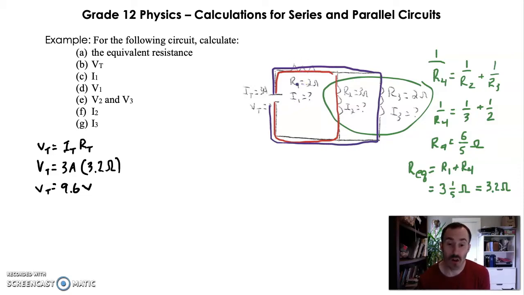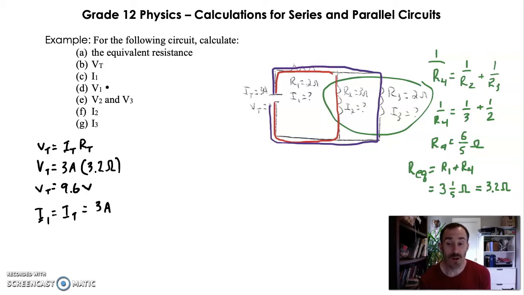That means that all current is going through this resistor. So I1 is going to be equal to I total. Okay, so I1 is equal to the total current, which is 3 amps. Okay, so we know that 3 amps is running through this resistor.